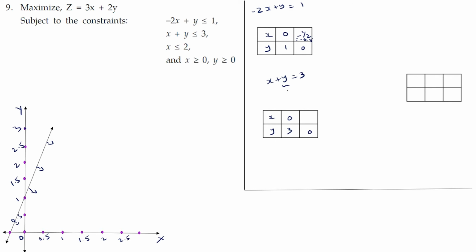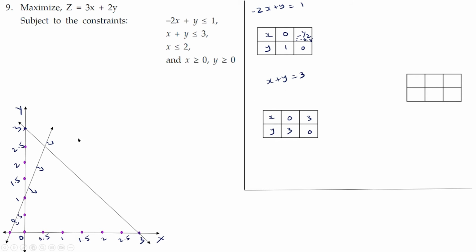If we put y as 0 here, we will get x as 3. So if we draw the line joining the points 0, 3 and 3, 0, we will get x plus y equal to 3. So this is 0, 3 and this is 3, 0. If we draw a line joining these 2 points, this is the line x plus y equal to 3.